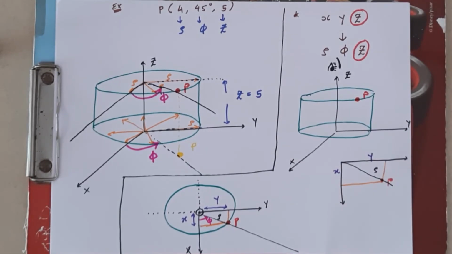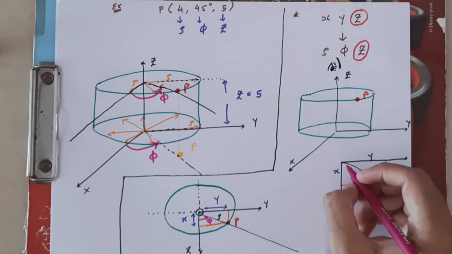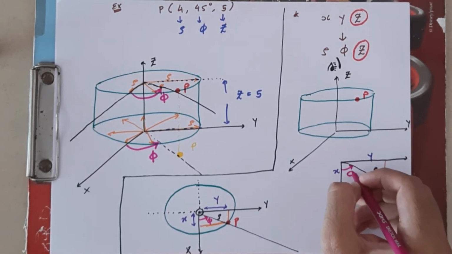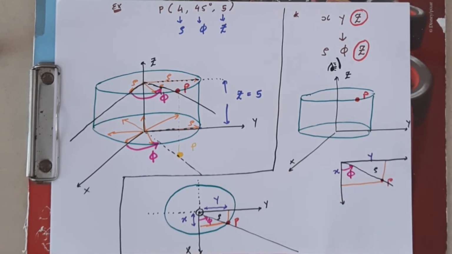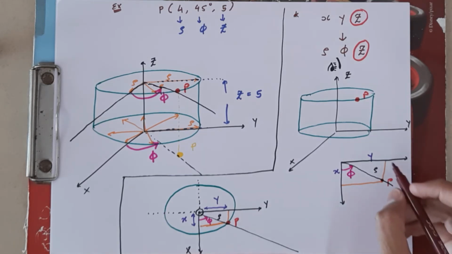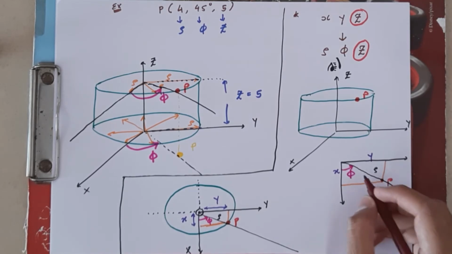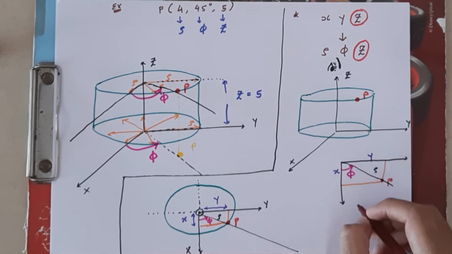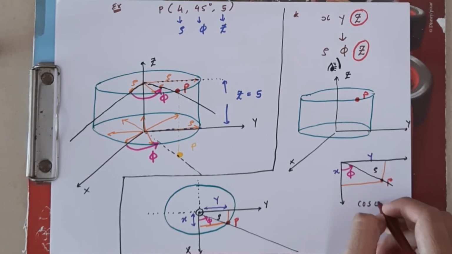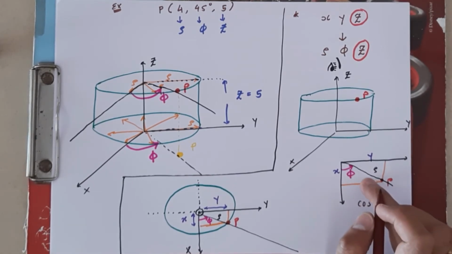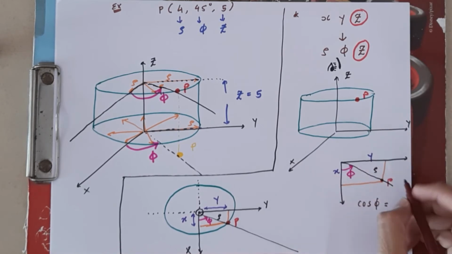Clear? And what is phi? Phi is the angle between the line passing through point P and the x-axis. Now it's very easy for us, we just apply the trigonometric concept. Cos phi is equal to x by rho.